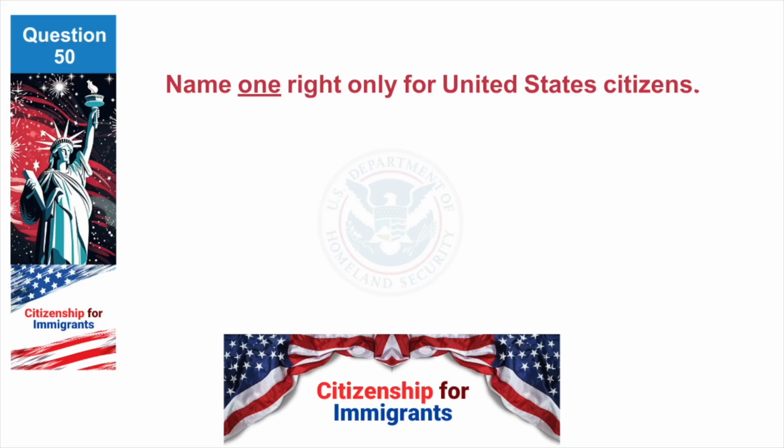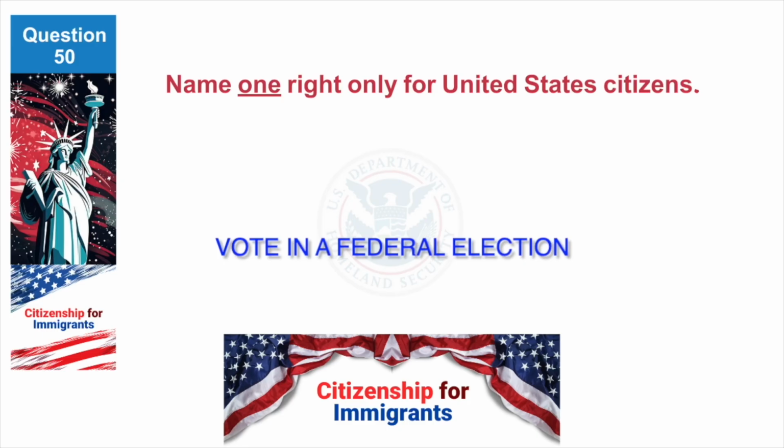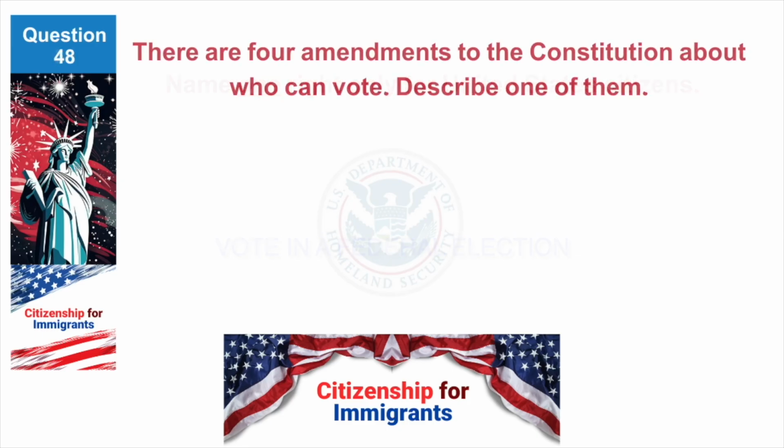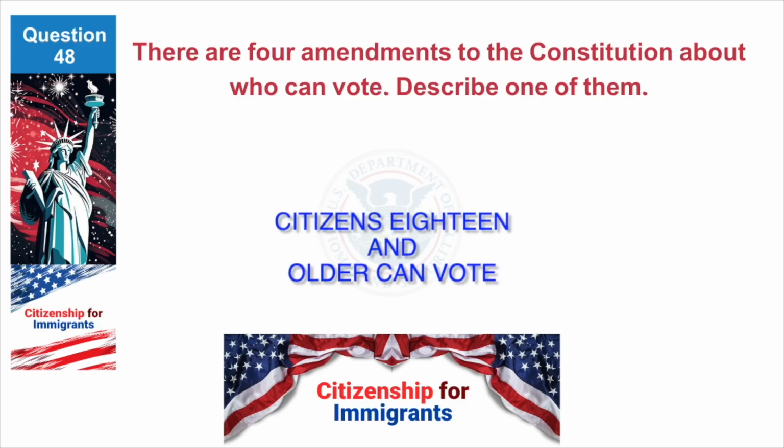Name one right only for United States citizens. Vote in a federal election. There are 4 amendments to the Constitution about who can vote. Describe one of them. Citizens 18 and older can vote.